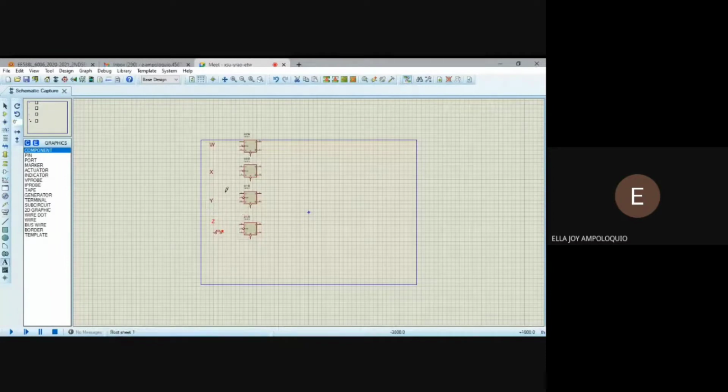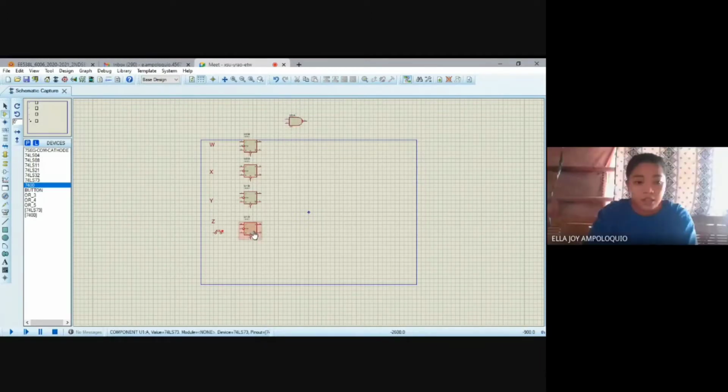Then I will also put the NAND gate, the 7400, here on the top, so that it will easily connect here. Now let's connect the flip-flop.